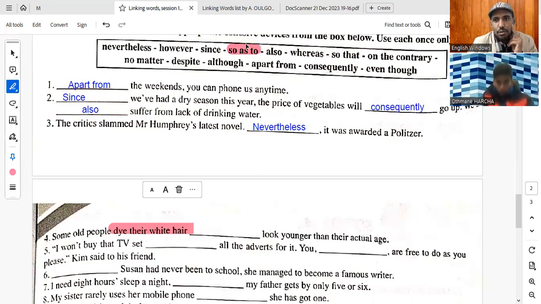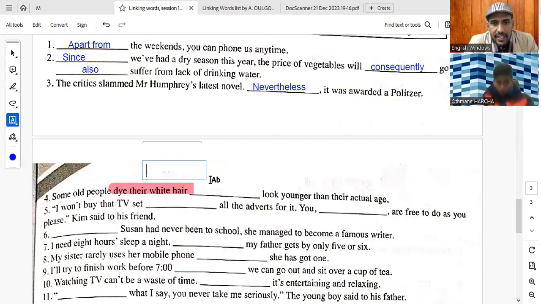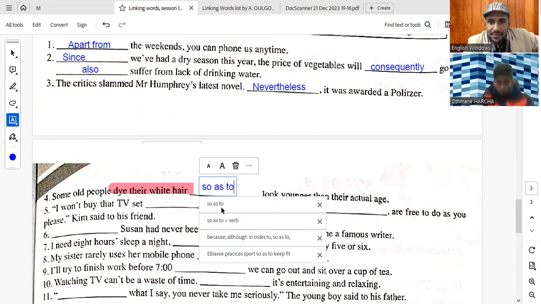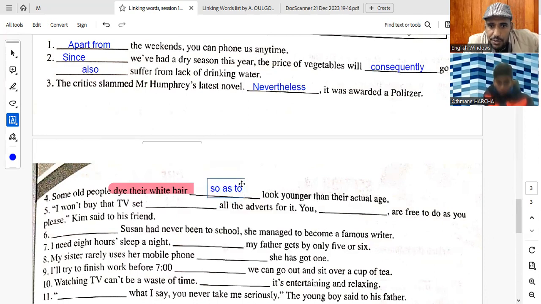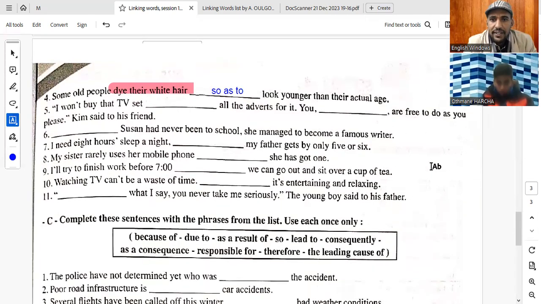Voilà, this expresses the purpose, right? So as to means in order to, right? Here, they dye their hair, their white hair, so as to look, right? So after so as to we need a bare infinitive as we see here, look. So as to look younger, right?